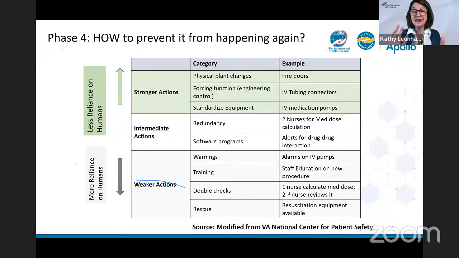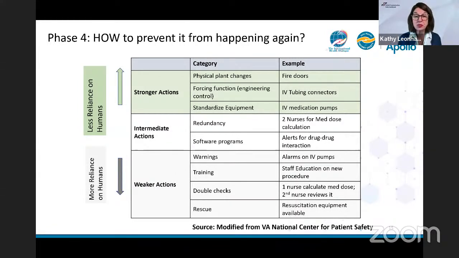The example we use is that you can't connect certain IV tubes with different catheters or syringes. The physical connection doesn't work. Fire doors are made in such a way that the fire can't get through. It doesn't rely on the human to do something. It's a physical engineering and equipment change that makes it really hard to do the wrong thing.